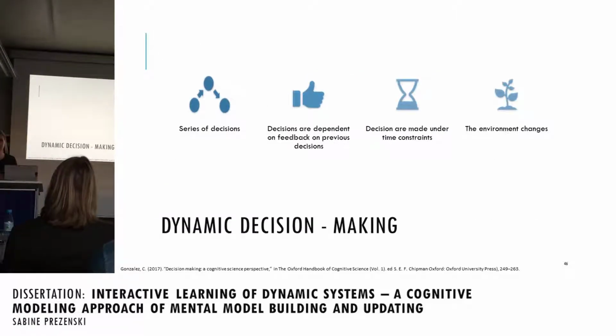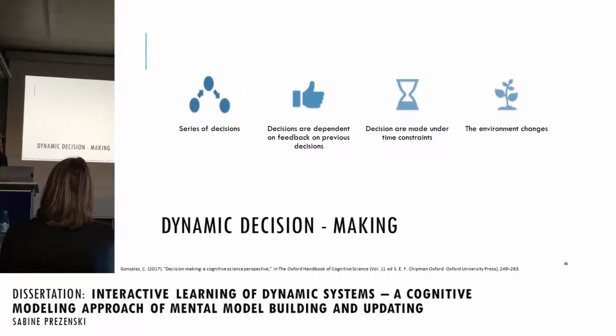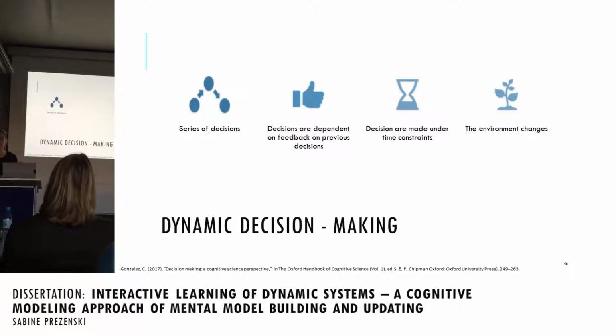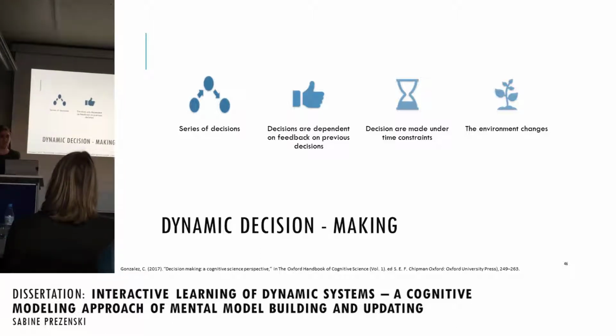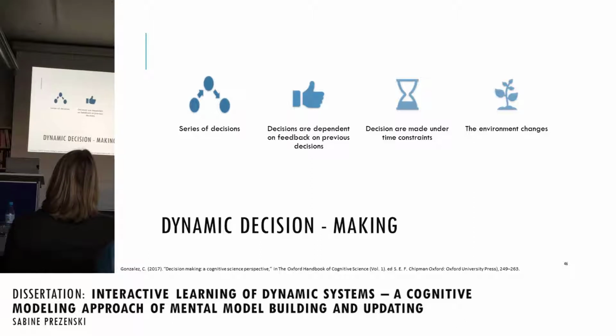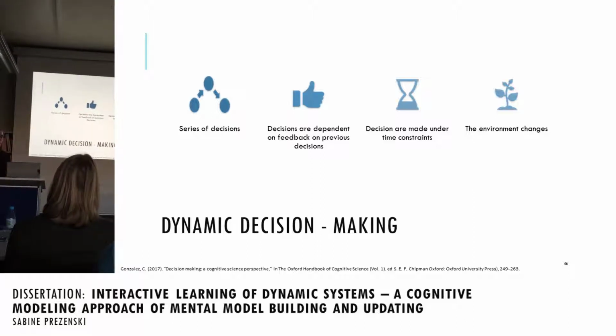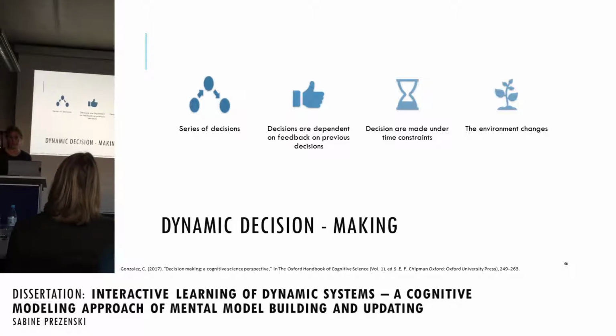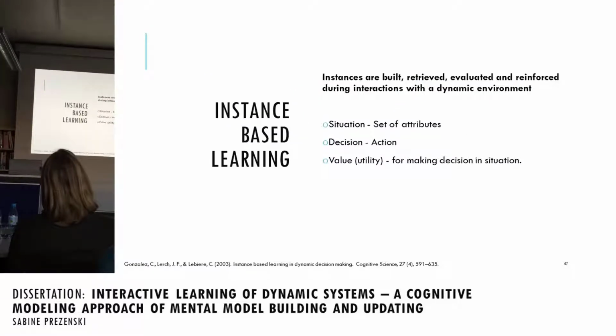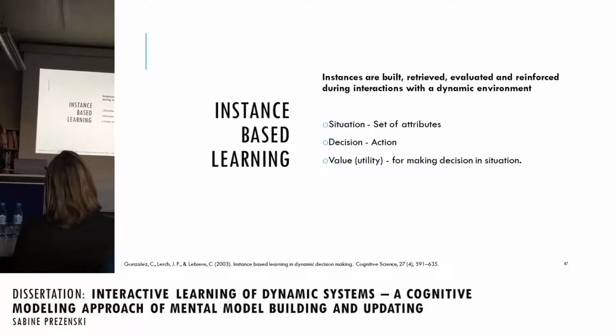Okay, so this task is an example of dynamic decision making, which means we have a series of decisions. The decisions are dependent on feedback on previous decisions, and decisions are made under time constraints and environmental changes. Typically this is modeled using instance-based learning.